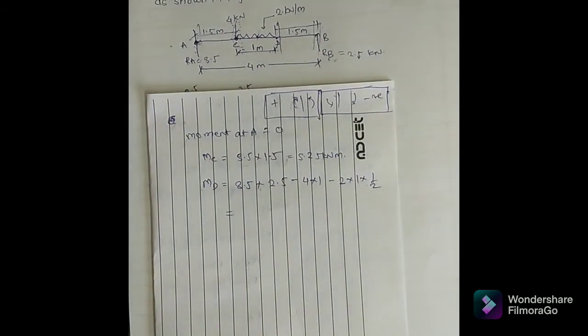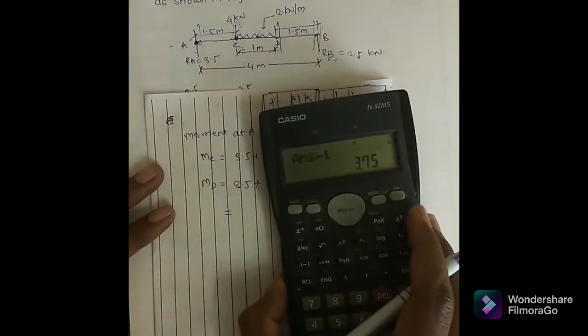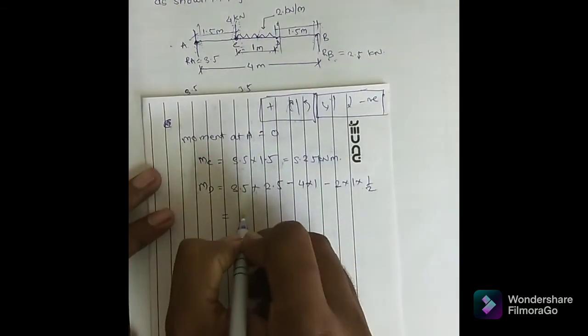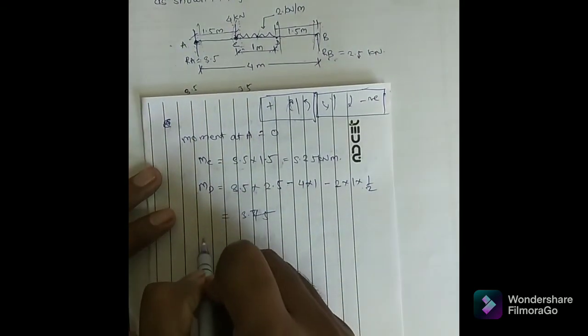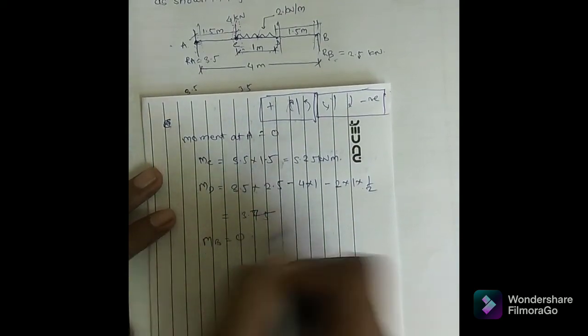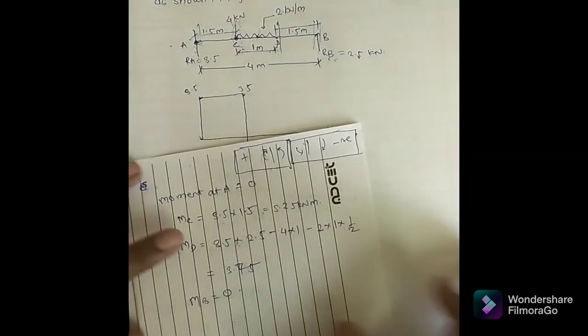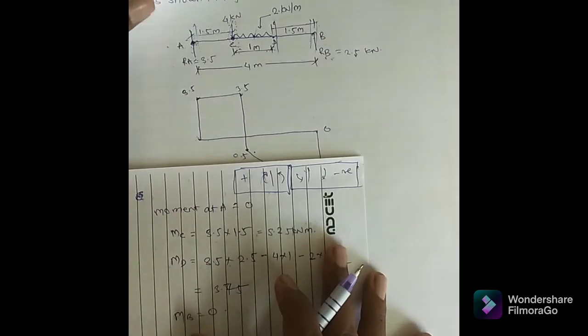So this answer will come out to be, I'll just do it on my calculator. So this value comes out to be 3.75. At B, it will be 0. You can try on your own, and if you feel any difficulty, you can ask me.